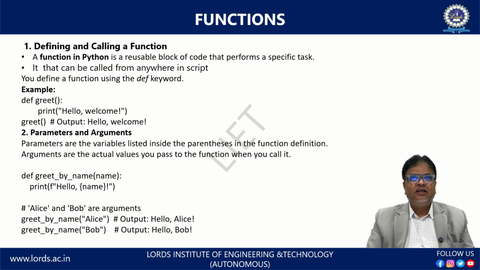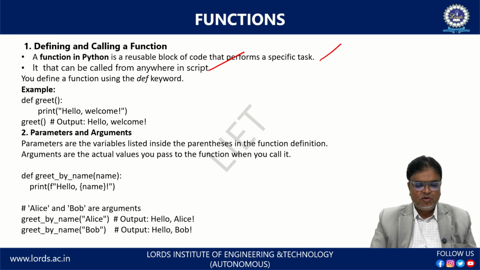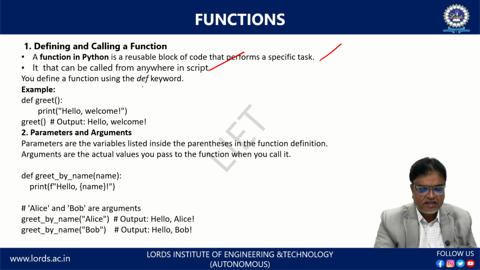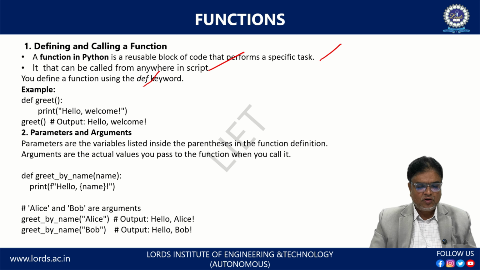Our next topic here is functions. The first is defining and calling a function. A function in Python is a reusable block of code that performs a specific task, that can be called from anywhere in the script. You can define a function using the def keyword.